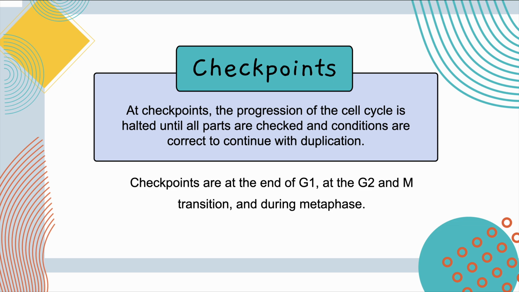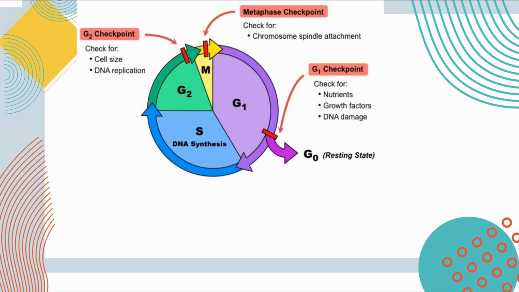Checkpoints are at the end of gap 1, at the gap 2 and M transition, and during metaphase. At G1, there is a cell growth checkpoint. This check occurs at the end of the G1 growth phase.